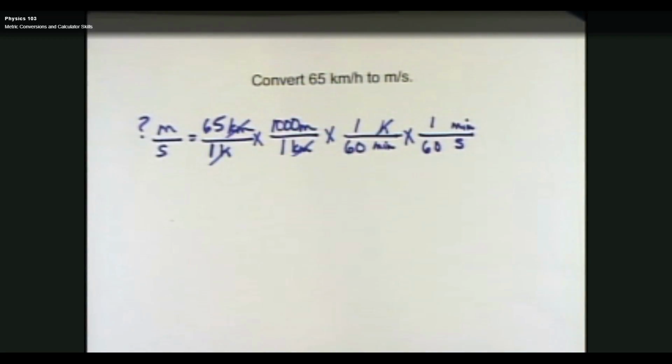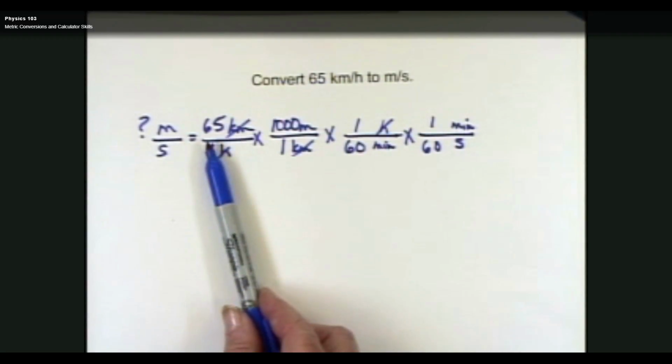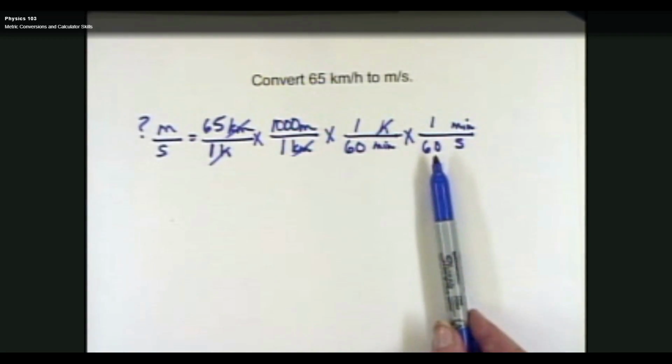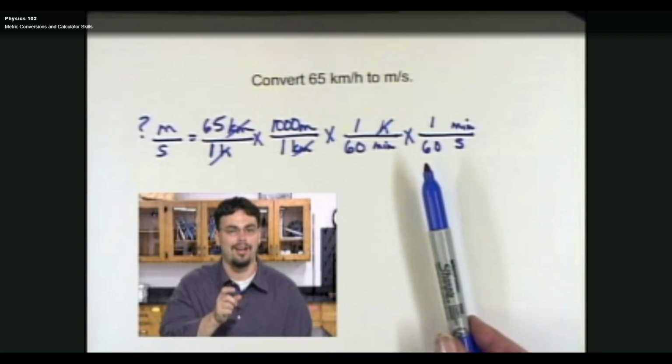For some reason, I thought you'd make the mistake of saying that 1 hour was 60 seconds, but you didn't do that. I would never make that mistake. All right, so now all we have to do is punch the buttons on the calculator. You want to punch 65 times 1,000 divided by 60, and what will you do next? Multiply or divide by 60? Oh no, I'm not going to do it wrong again.